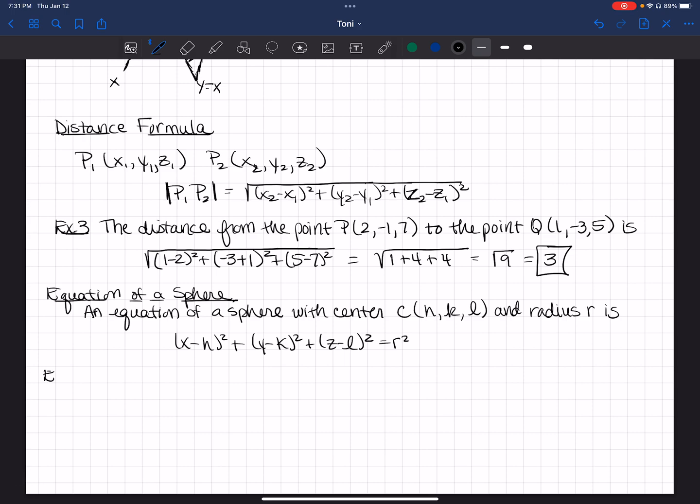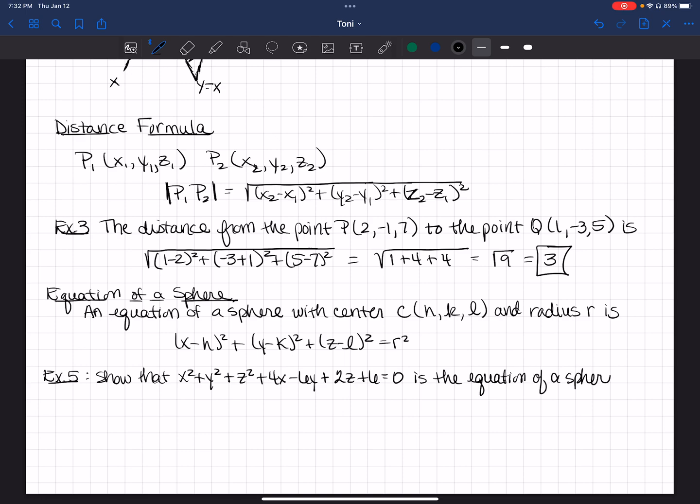So example 5, and I think I can fit it in down here, says show that x squared plus y squared plus z squared plus 4x minus 6y plus 2z plus 6 equals 0 is the equation of a sphere, and find its center and radius.